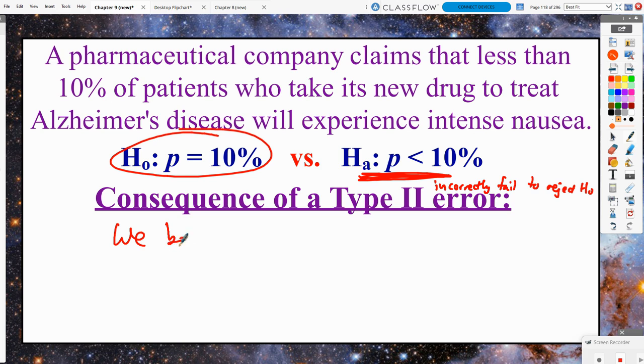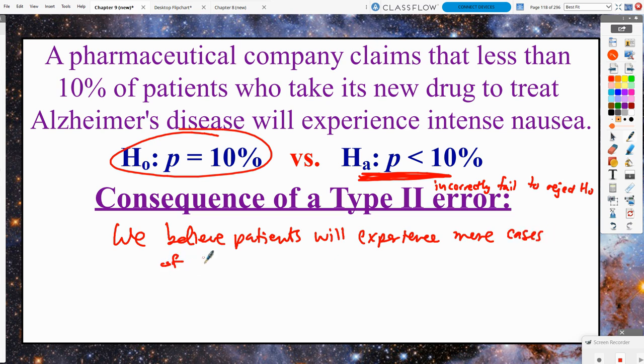So we believe patients will experience more cases of intense nausea than what will really occur.